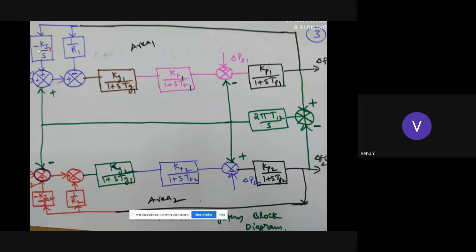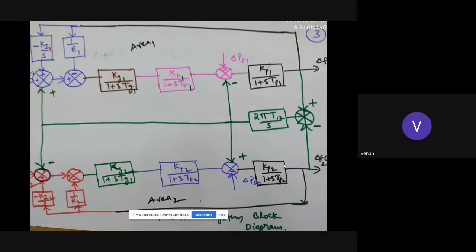We'll see that now, which is passed through integral control and given to the slow acting second loop. Okay, so this is the first area.